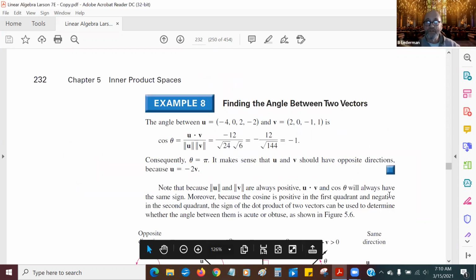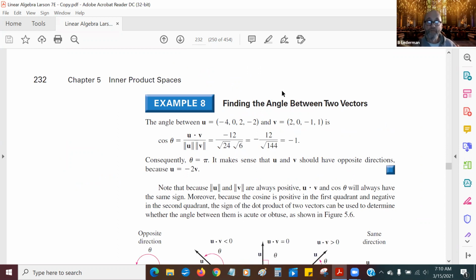Let's find the angle between two vectors now that we have this formula. We have a vector in R4, so this is 4-dimensional: -4, 0, 2, -2. And another vector, 2, 0, -1, 1. Using the formula, cosine theta is u dot v over mag u times mag v.